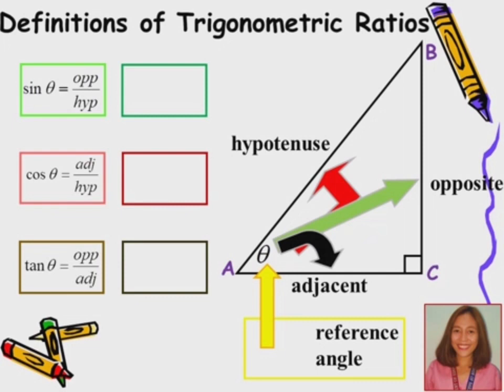Tangent theta is equal to opposite leg over adjacent leg. Cosecant theta is equal to hypotenuse over opposite leg. Secant theta is equal to hypotenuse over adjacent leg. And cotangent theta is equal to adjacent leg over opposite leg.